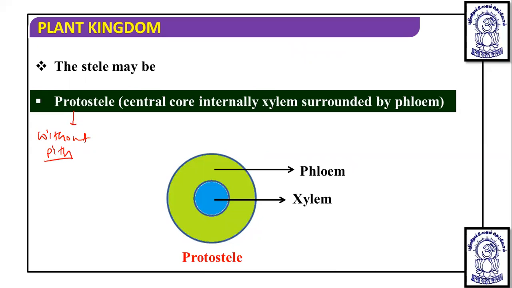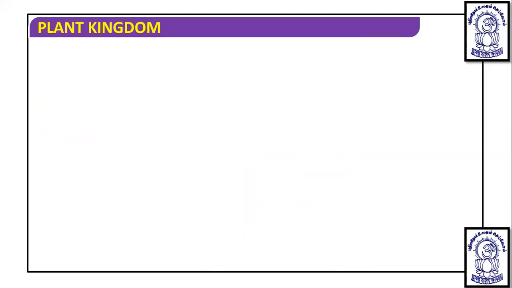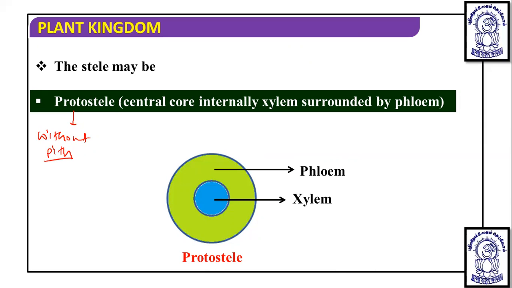Here you can see phloem and xylem. Xylem is present centrally, so it covers the pith region and is covered by the phloem. And surrounding the phloem, you will also find the pericycle. The important point of the protostele is that pith is absent, the pith region is occupied by the xylem, and overall it is covered by the phloem.